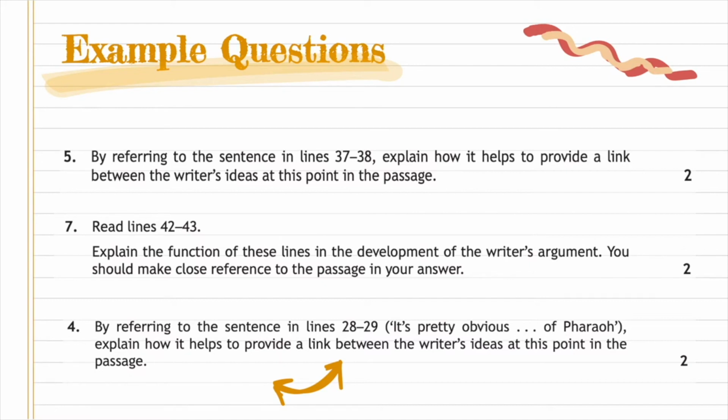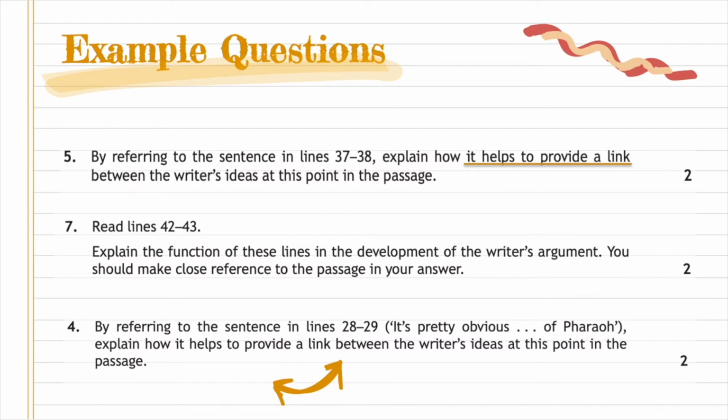However, linking has the phrases link, linking function, link between. If we look at question 5, the first question, it says, by referring to the sentence in lines 37 to 38, explain how it helped to provide a link between the writer's ideas at this point in the passage. We see the phrase, a link. We know that this is a linking question.